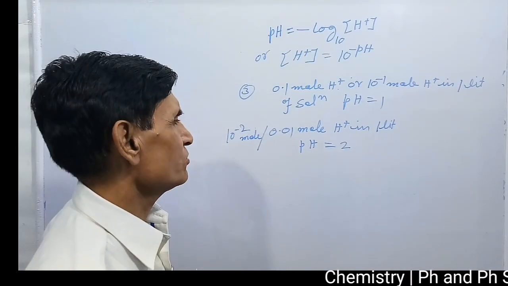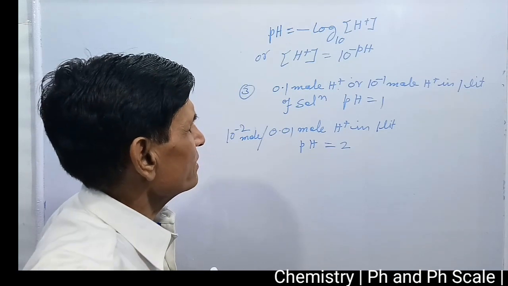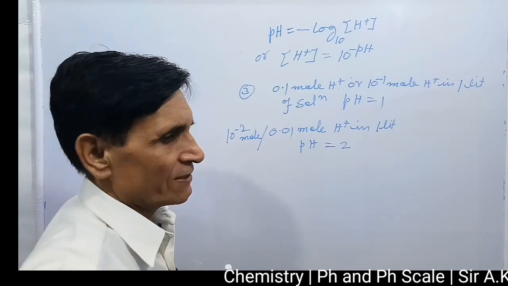If 0.001, then pH equal to 3. For pure water, the value of pH is 7.